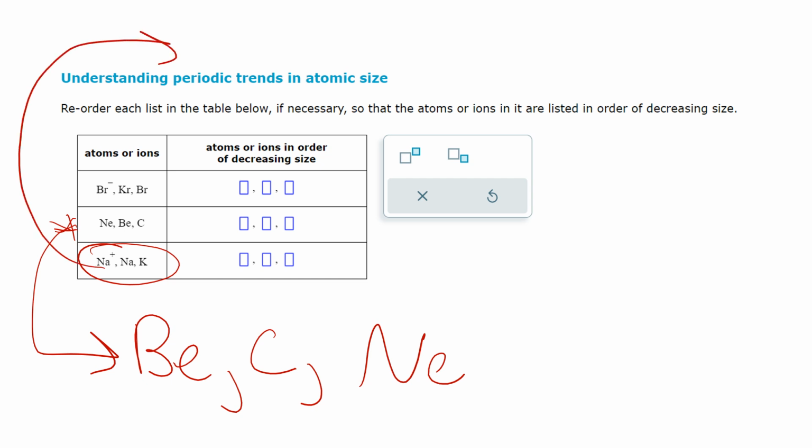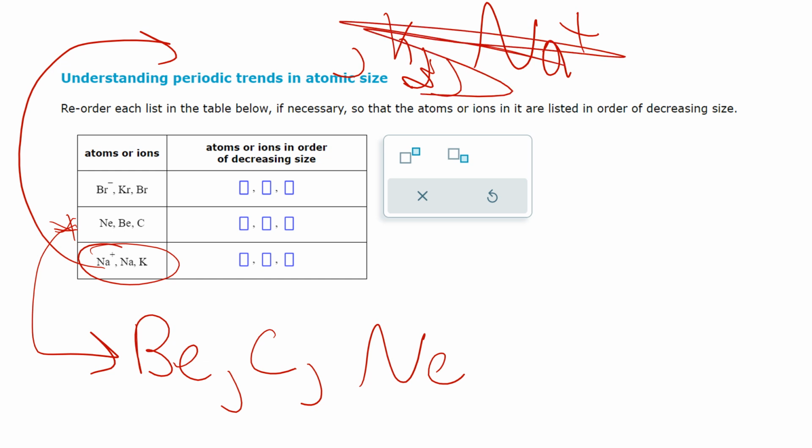an ion, if it loses an electron, then it becomes quite a bit smaller. So the smallest here is going to be sodium plus, and then we got sodium, Na, and potassium. Potassium is closer to francium, so then potassium is going to be larger.